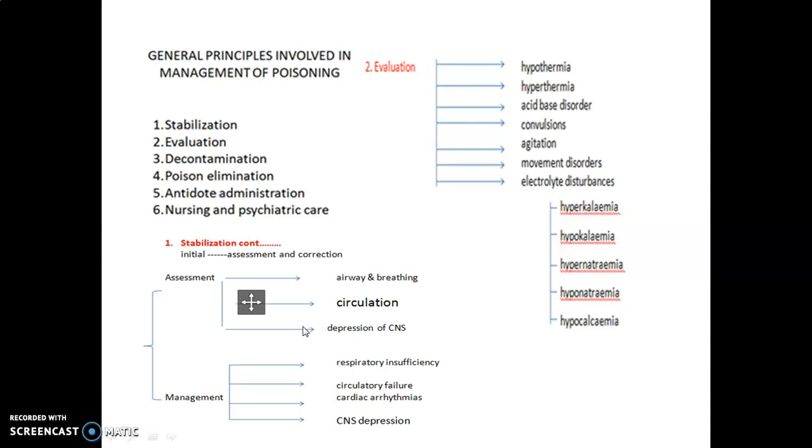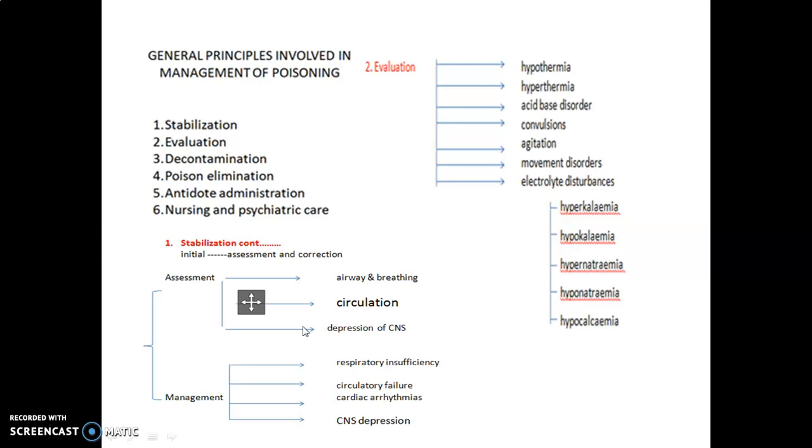Stabilization included assessment and management, where we assess the airway, breathing, circulation and depression of the central nervous system. We then manage respiratory insufficiency, circulatory failure, cardiac arrhythmias and central nervous system depression if observed in the patient.